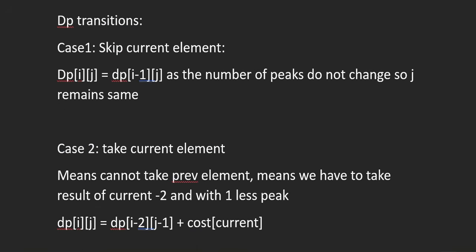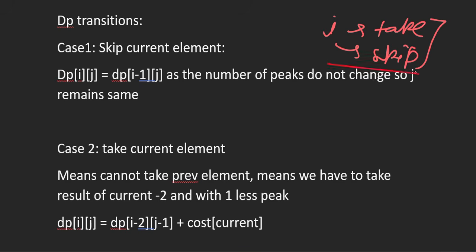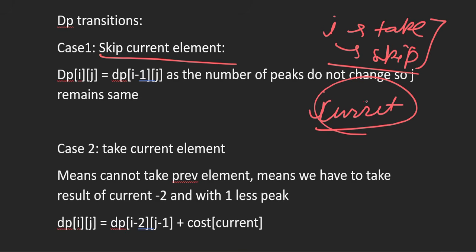For each element, we can either take that element or skip it, similar to that robber problem that we have discussed in question number 3. That same thing will be done here. So if we are skipping our current element, then to find j peaks, we need i minus 1 elements, because the current is the ith.